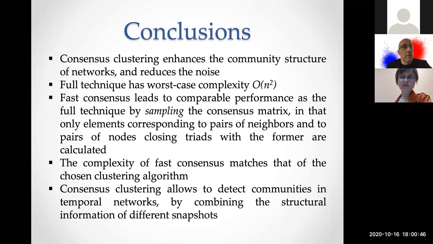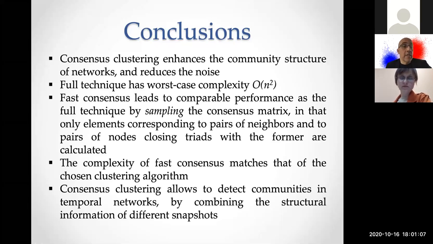This brings down the complexity to linear for the fast consensus procedure. And basically, in that case, the actual complexity of the full routine is the complexity of the clustering technique that you're using. So nowadays, there are techniques which are basically linear, and that allows you to analyze networks with millions, tens of millions of nodes.